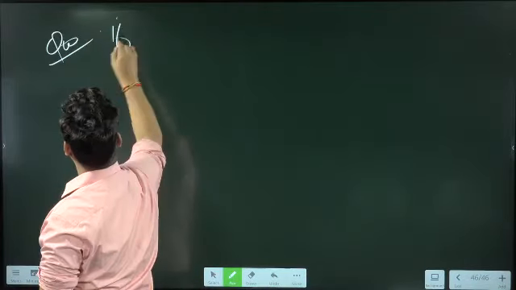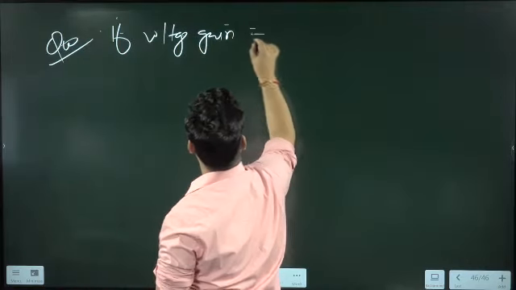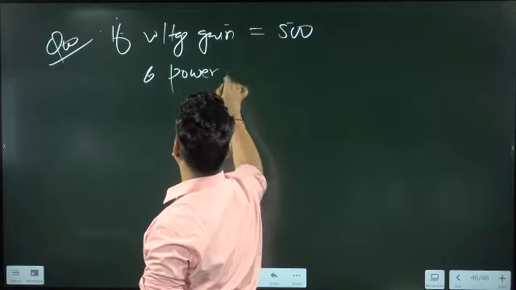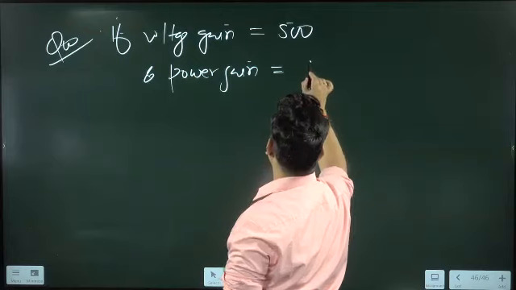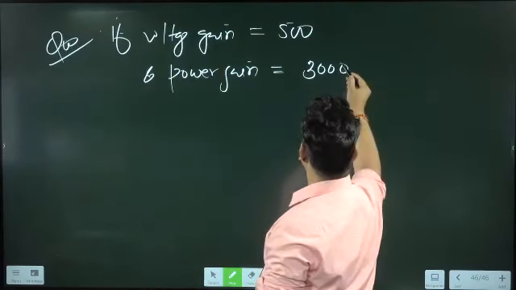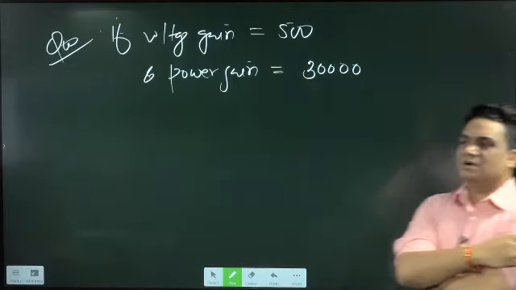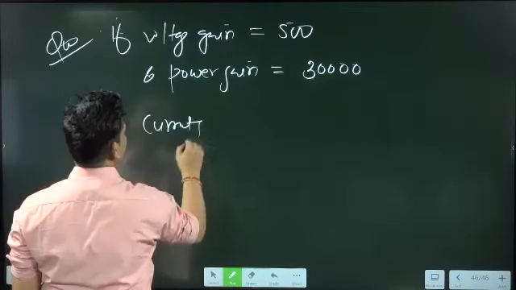Okay, now suppose voltage gain is 500 and power gain is, suppose, they are giving 3000. Now they are asking what is the current gain? So can you get the current gain?